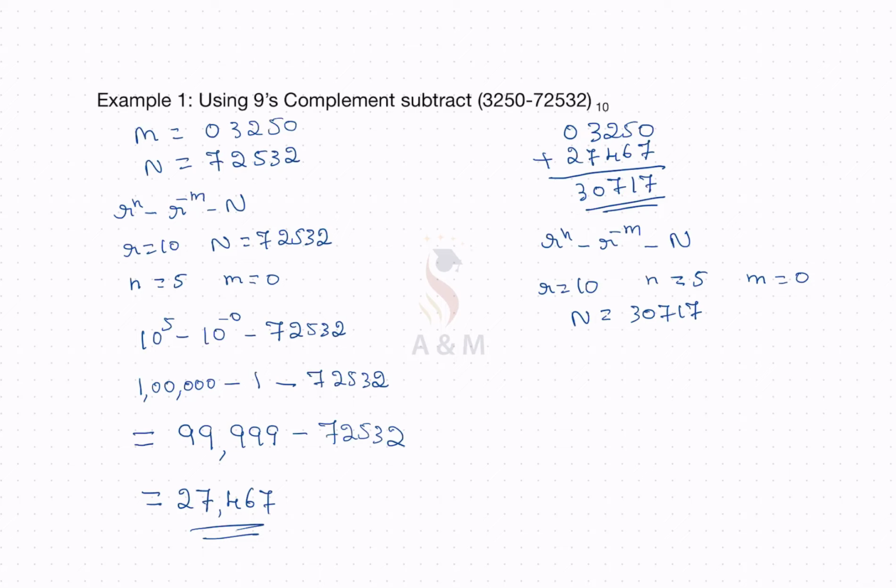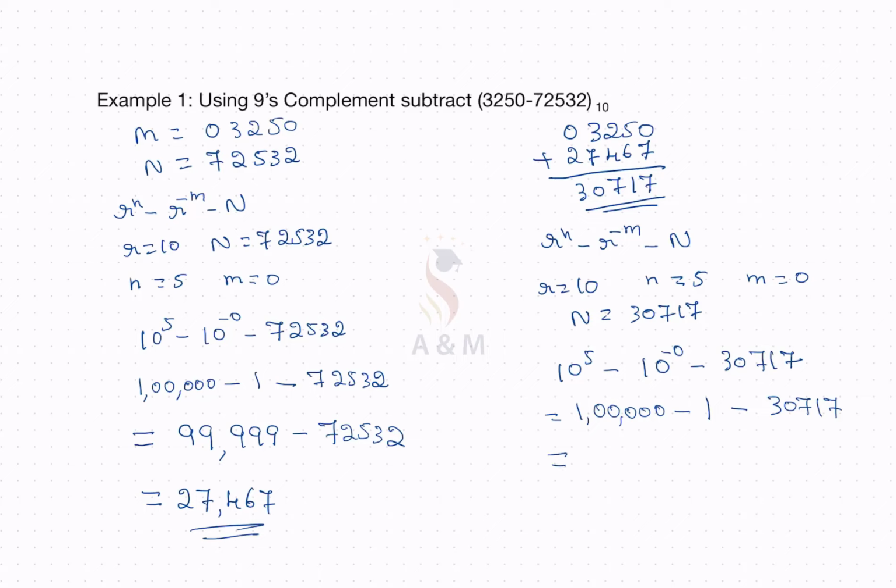Now, substitute these values into the formula r to the power n minus r to the power minus m minus N. We get 10 to the power 5 minus 10 to the power minus 0 minus 30717, which is equal to 100000 minus 1 minus 30717, where 10 to the power 5 equals 1 lakh and 10 to the power minus 0 is equal to 1 by 10 to the power 0, which is equal to 1 by 1, which is equal to 1. So 1 lakh minus 1 minus 30717.